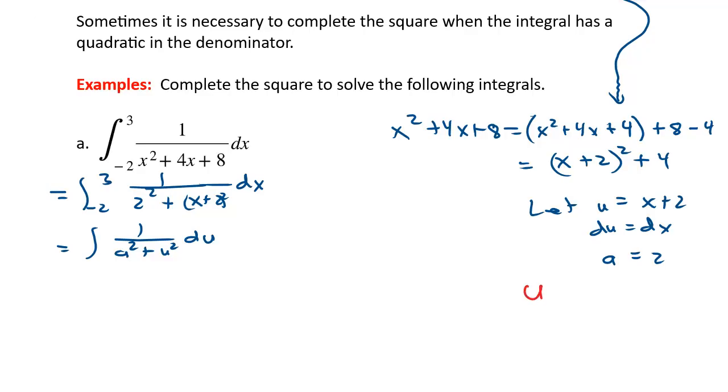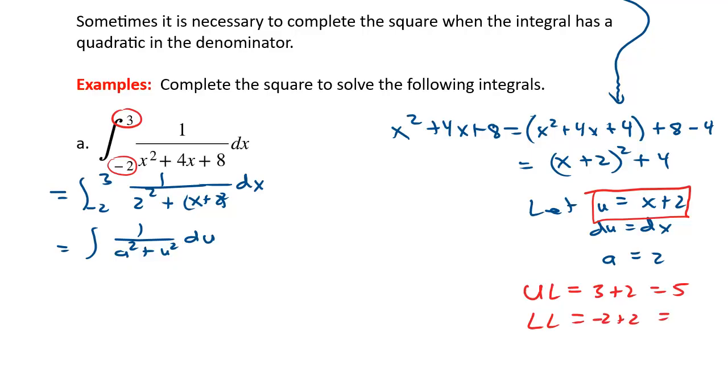My upper limit is 3 plus 2. Remember, we're using this. That's 5. And then my lower limit, I'm going to use that -2. That'll give me 0. So this is just going to be 0 and 5.